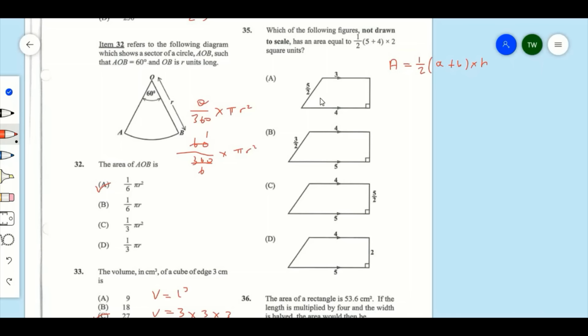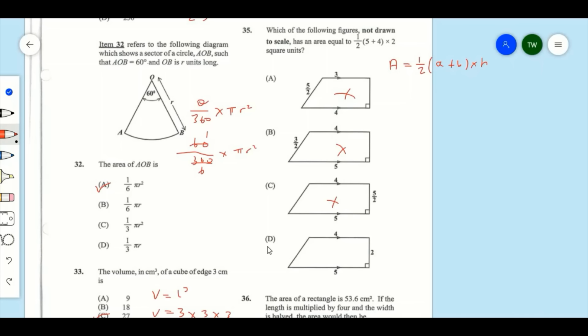Now, if you look at option A, clearly there is no height on this shape, so A is not the answer. If you look at option B, there is no height again, so B is not the option. Here at C, they give us the height to be 5/2, but in the formula the height is 2, so C is not the answer.